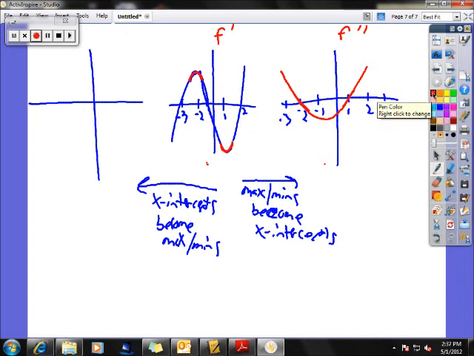So where are my x-intercepts here? I have an x-intercept at -3. It's going from negative to positive. That means over here I have a min. Let me put some marks in there.